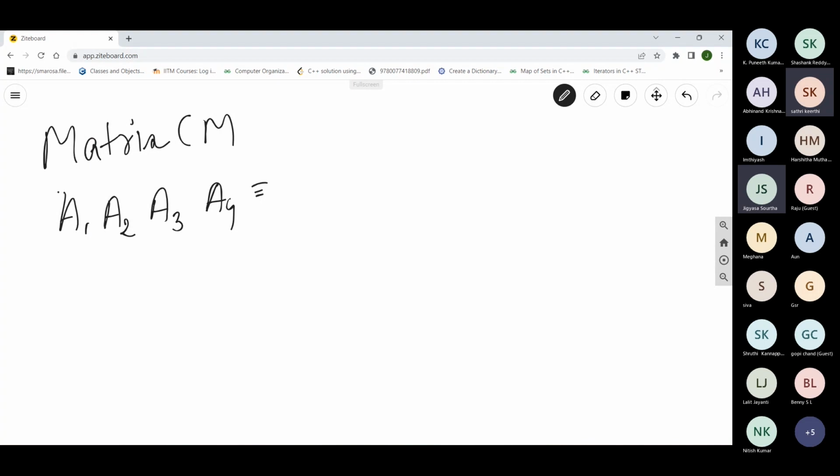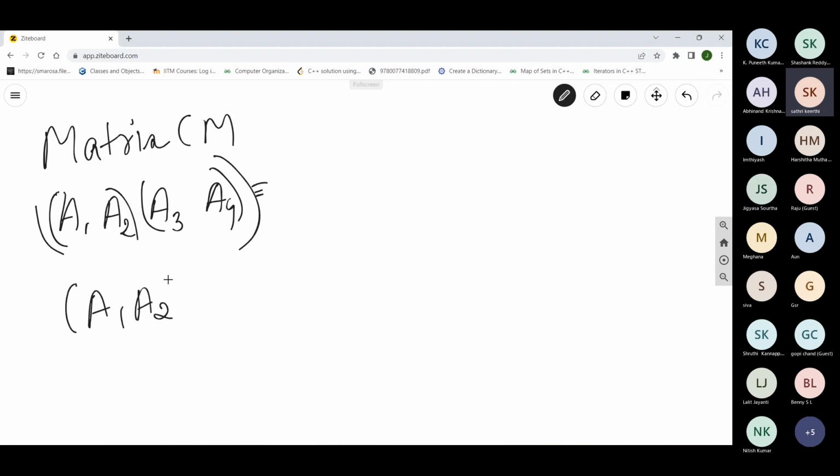There can be many ways, right? You can multiply A1, A2, A3, A4 in one order and return the final solution, or you can begin by multiplying A1 and A2, then multiply with A3, and then with A4. Both will return the same answer, but will both return the same cost of multiplication?